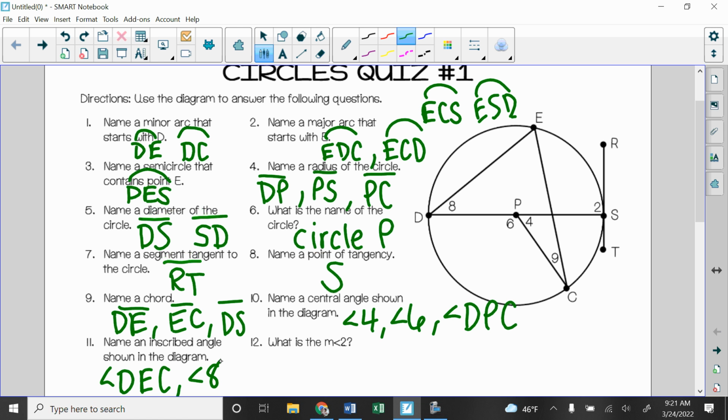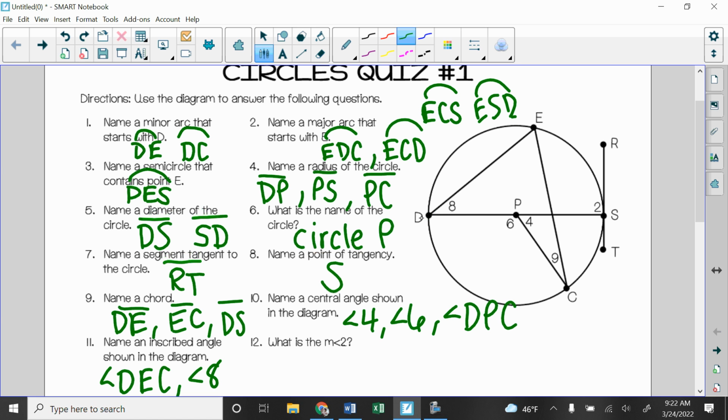No. All the endpoints of the angle have to be on the circle. So if it was like this, then yes, I would take angle 9. Does DSE work? DSE, nope, because if there was a segment here, then yes, you could do DSE. But do you guys see what I'm saying about the endpoints? See here, here's all the endpoints. If that was it, yes. Each point has to be on the circle.